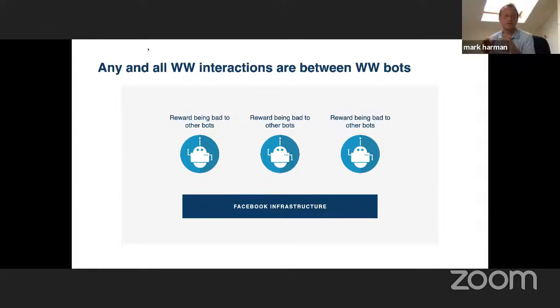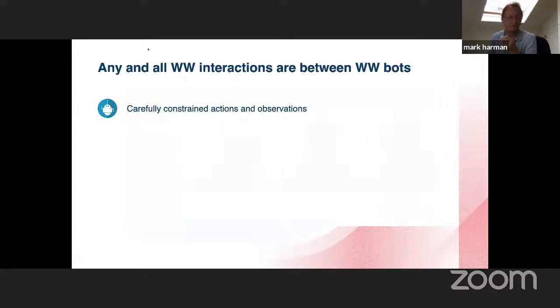I should stress at this point that any and all interactions in DubDub, in our web-enabled simulation, are between DubDub bots and other DubDub bots. So the bots are completely isolated from production. We do this in multiple ways to be absolutely sure. We have a kind of belt and braces approach.